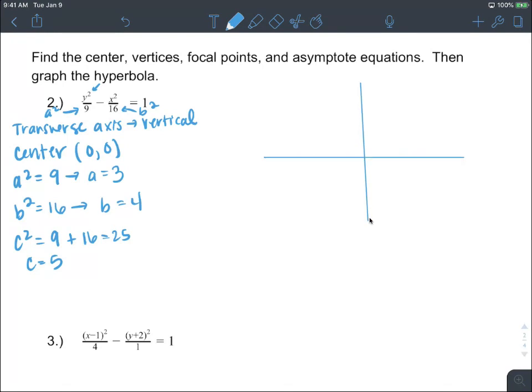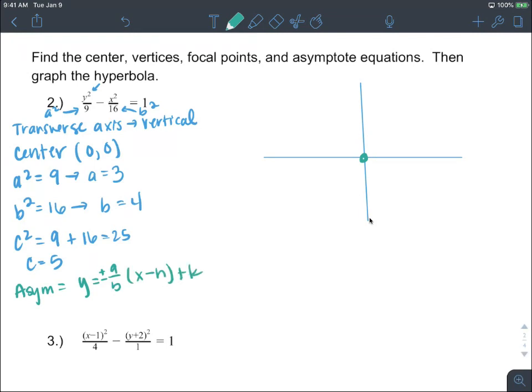Okay, so my center is at 0, 0. The next thing you're going to do is build your asymptote equations. So the asymptotes for a vertically oriented hyperbola, the equation is y equals plus or minus a over b times x minus h, plus k.